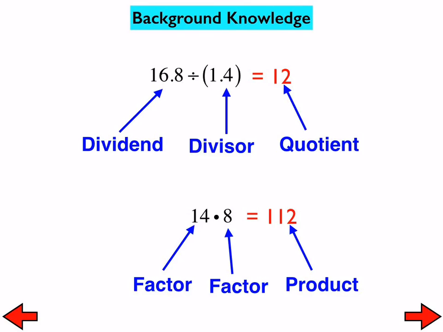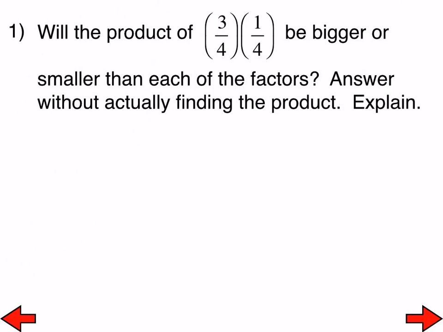Okay, so let's get started with number 1. Number 1 says, will the product of 3/4 times 1/4 be bigger or smaller than each of its factors? Now, I would like you to try and think about that without actually finding the answer, okay? I want you to think about that for a second.